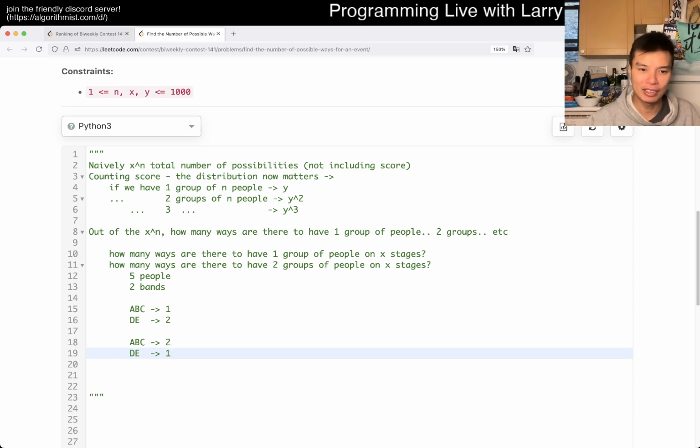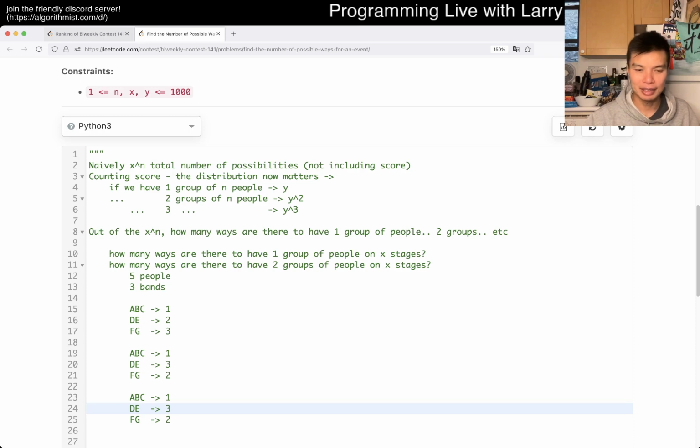If you want to make it even more clear, let's add another band. Now this is another group, right? I didn't count the number of stages, but let's just say there are 3 stages for this one.